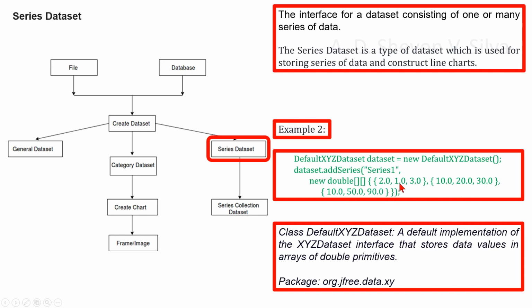The first containing x values, the second containing y values, and the third containing z values. The DefaultXYZDataset is in package org.jfree.data.xy.